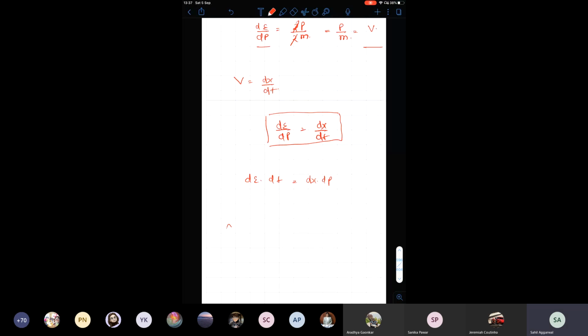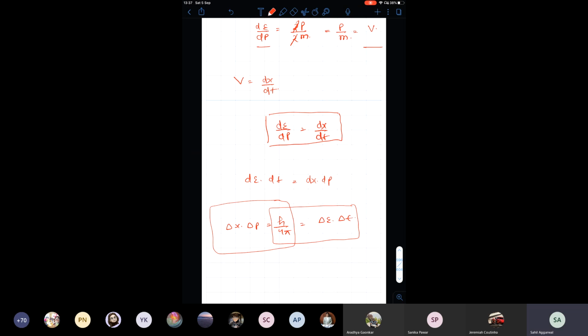So, as we know that delta x dot delta p is equal to h upon 4 pi, it should also be equal to delta E dot delta T. So this is also the Heisenberg equation.